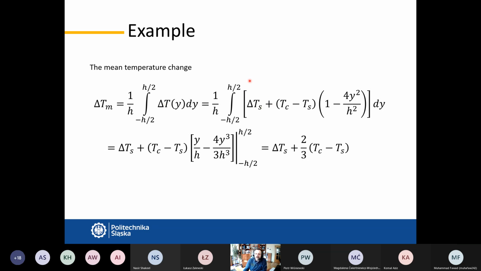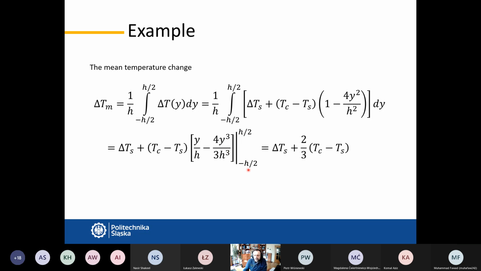If we introduce the formula for temperature change and integrate it, it's quite easy because this is a constant factor, and we have only y squared. So after the integration, in the bracket there is y over h minus 4y to the third power over 3h to the third power.